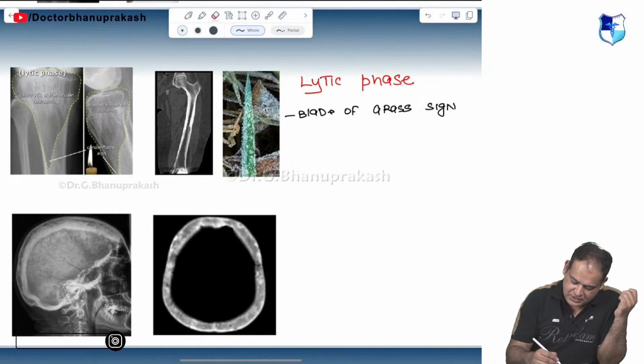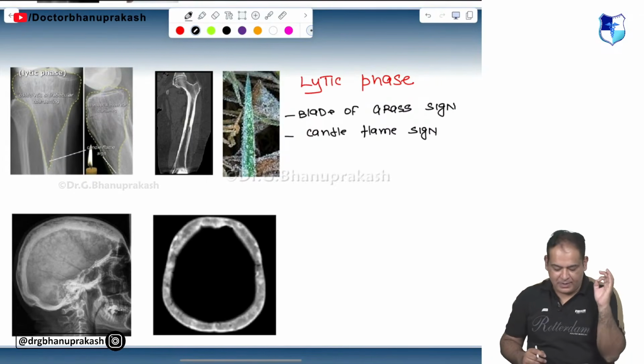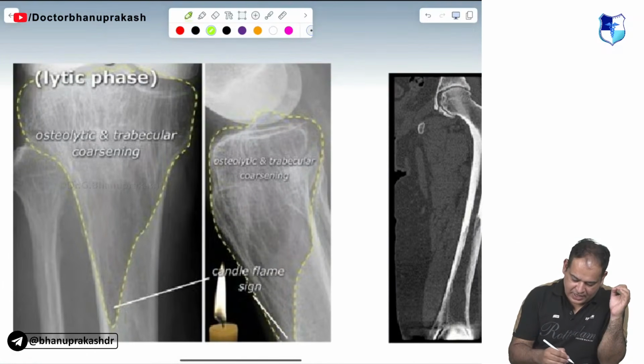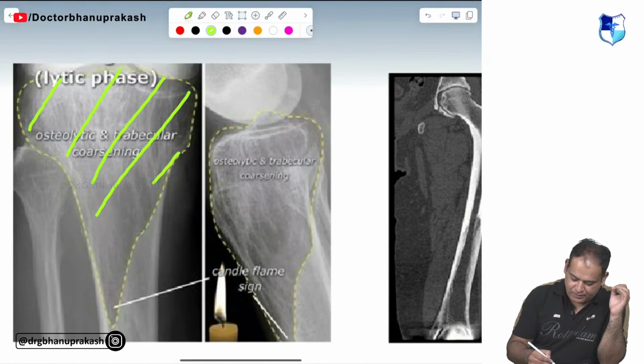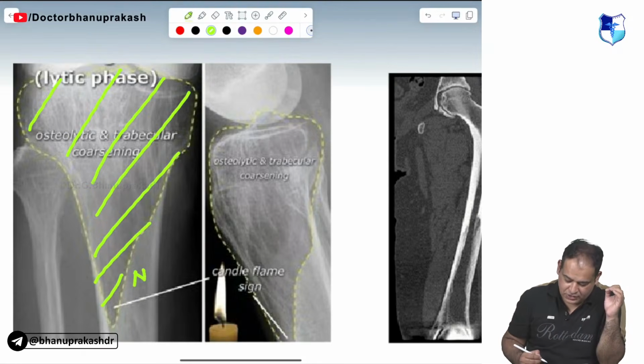Blade of grass sign. This is also called candle flame sign. See here, in this area which I am going to shade, the bone density is low, whereas everywhere else the bone density is normal.